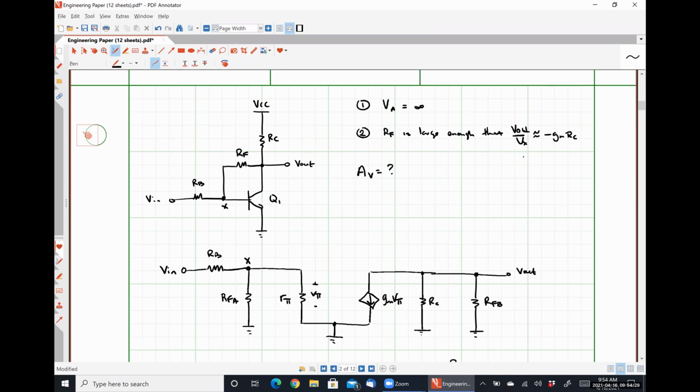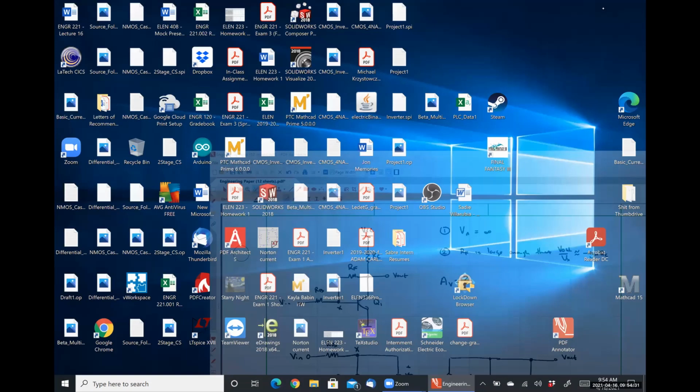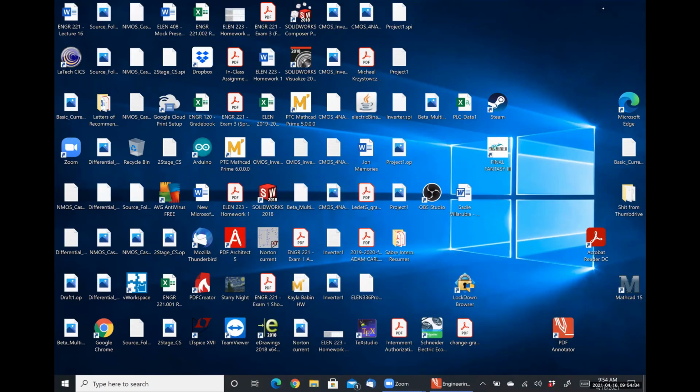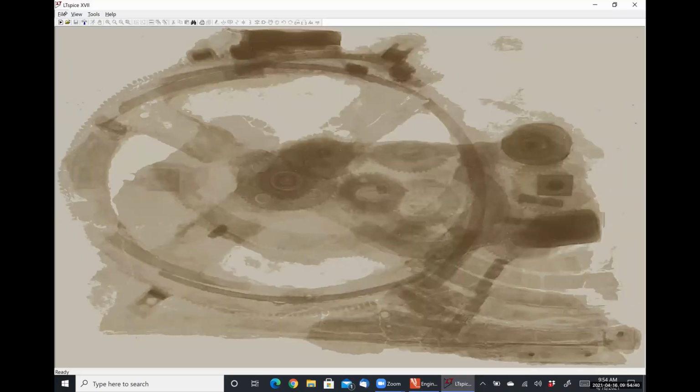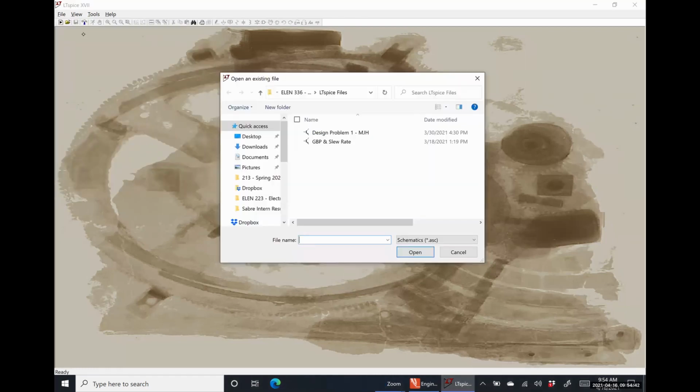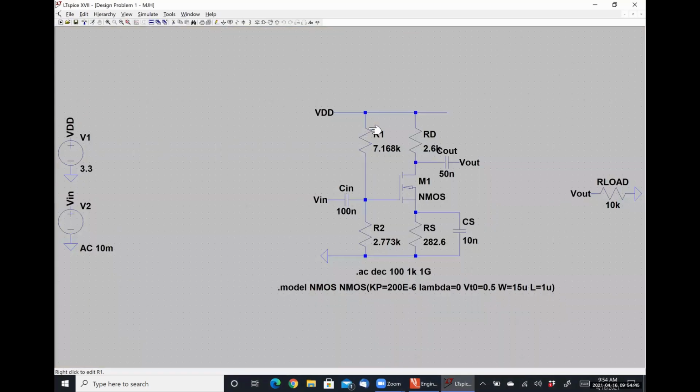So let me pull up LTspice real quick. We're going to take a brief aside today and intro what I'm going to talk about on Monday. Here's LTspice. File, open, design problem 1. All right, can everybody on Zoom see this?